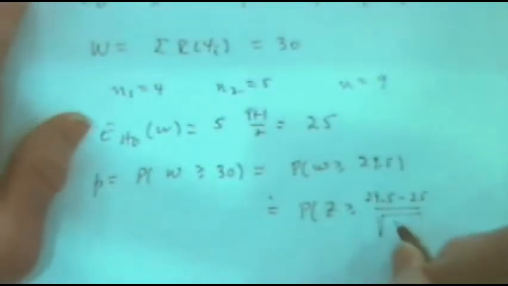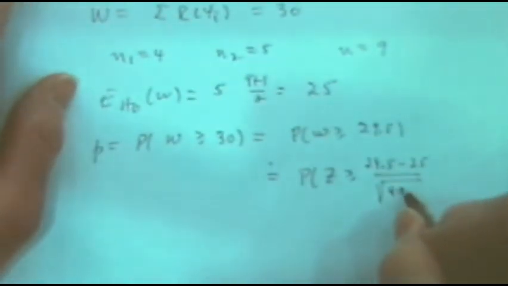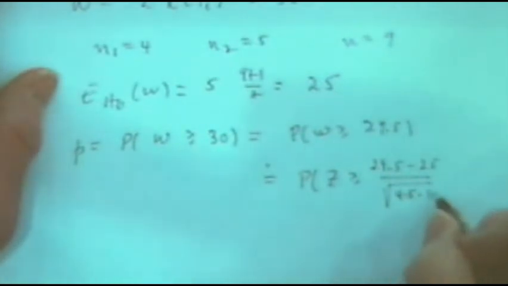So we're 4.5 up from the mean. And downstairs we have that mess. Okay, then I'll just use this as a calculator.